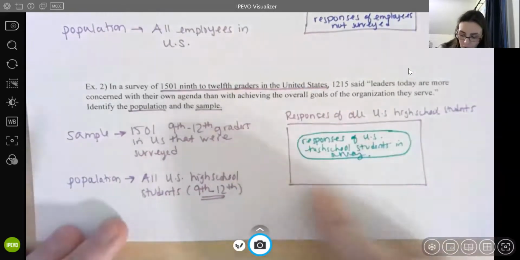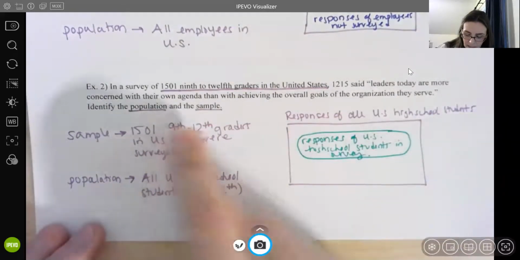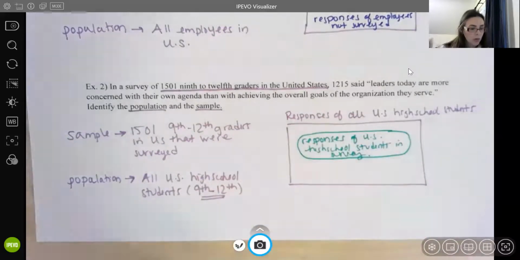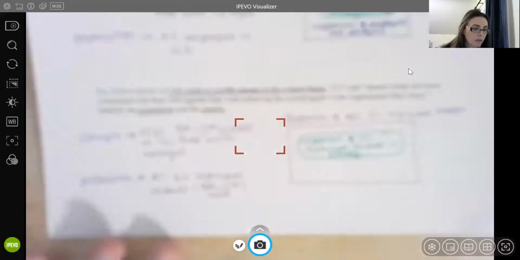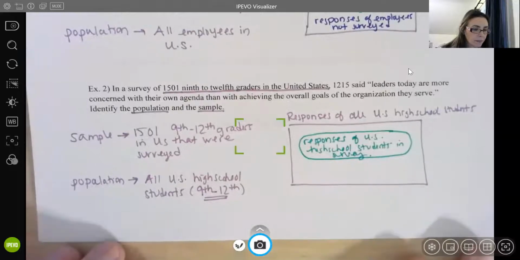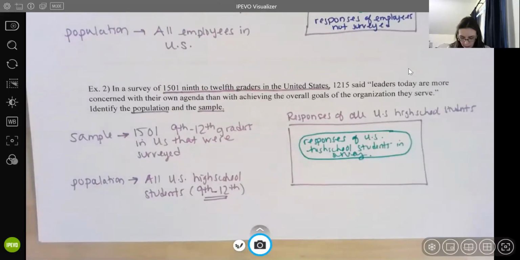So here is my overall population, and then here's my specific sample. So those who responded to the survey, and then those who didn't respond are still there. They're part of the population, but they're just not the survey that we're looking for. All right, just making that a little bit clearer for you to see.